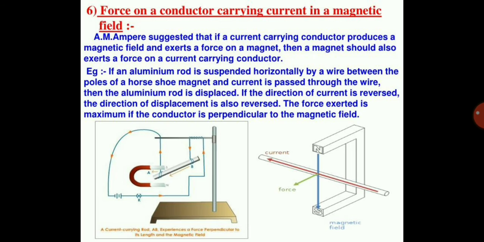The force exerted is the maximum if the conductor is perpendicular to the magnetic field. Means what? If you change the direction of the current, if it is clockwise, then the aluminium rod is deflected to one side, and if the current is changed to anti-clockwise, then the aluminium rod is displaced towards the other side.